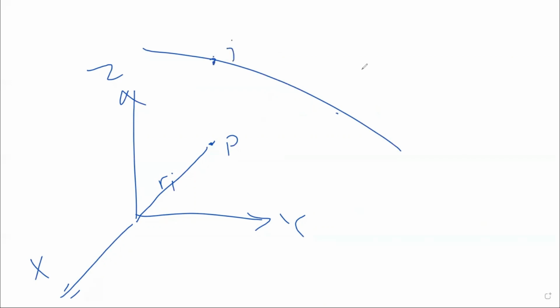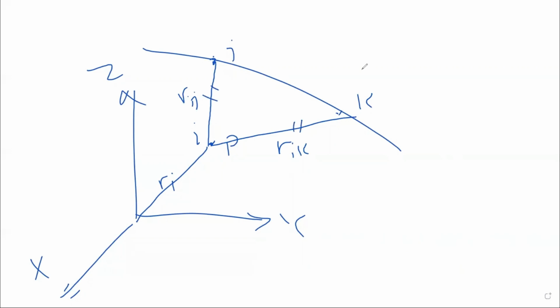Let me call these positions J and K. The distance between J and P is called Rij, where I is the point P, and I also have this distance, Rik. So the problem is to find the relation between the Doppler count, the Doppler shift, and these two ranges.